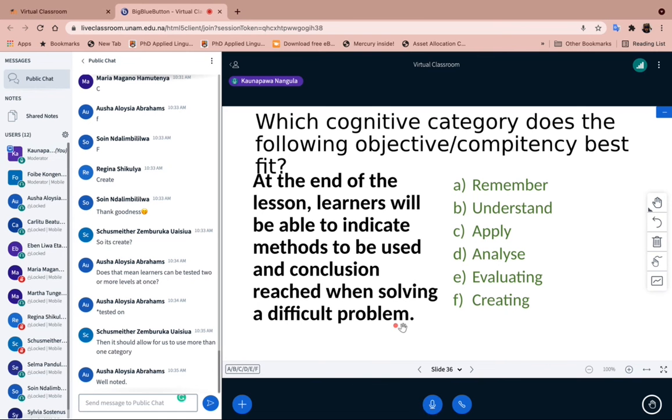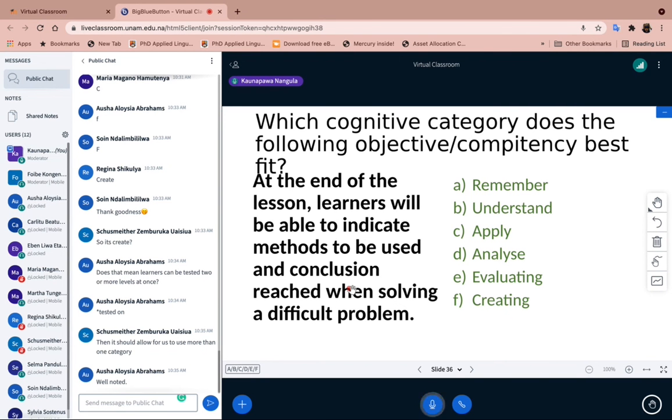I'll say this one falls a bit better with creating, because indicating methods to solve a difficult problem is almost the same as the one we just saw. And reaching a conclusion, maybe a conclusion was not given, and then it will be creating. But because they need to reach a conclusion, there is also a part of evaluating what has been presented to them, and analysis as well, right?